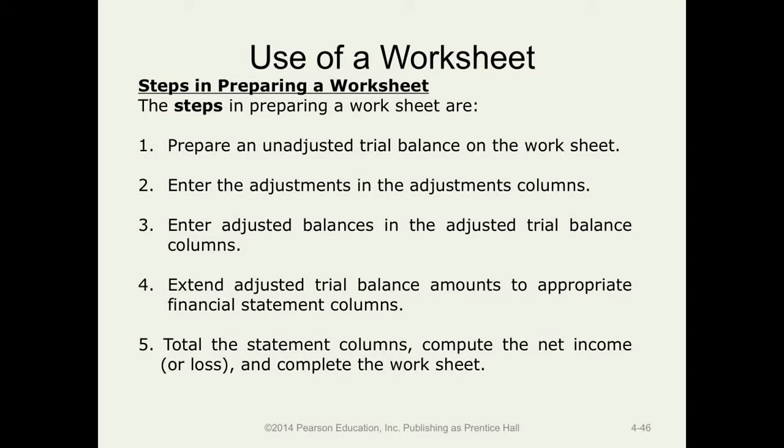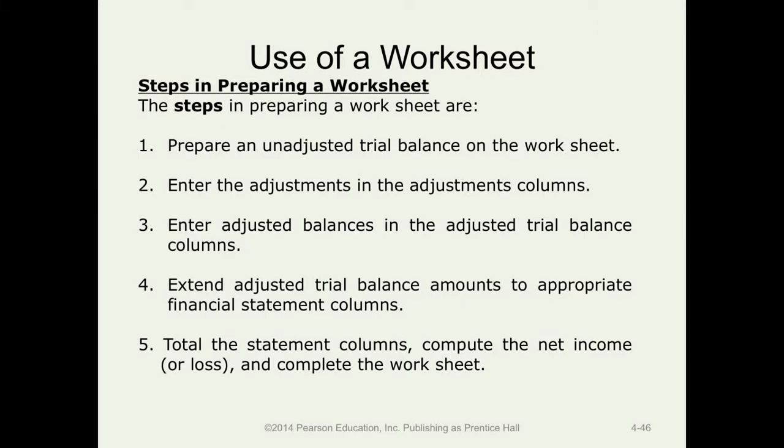Then the adjusted balances are extended, or really cross-footed, and that becomes the adjusted trial balance. The adjusted trial balance amounts are moved to the appropriate financial statement column, that is the income statement or balance sheet. And then, of course, we compute net income or net loss.